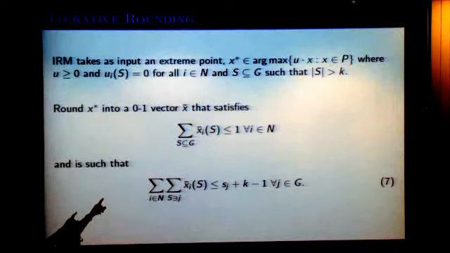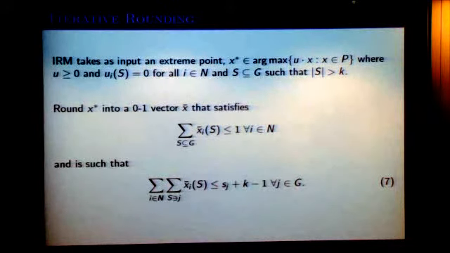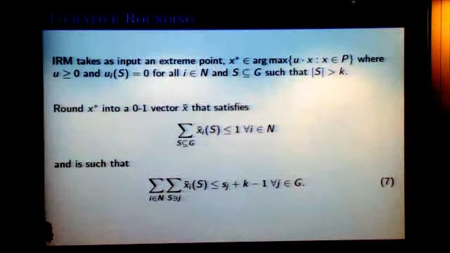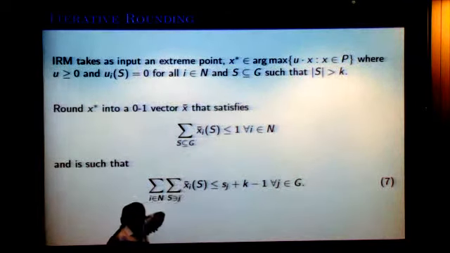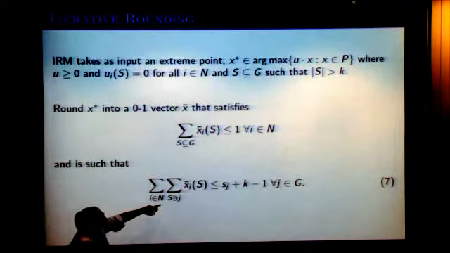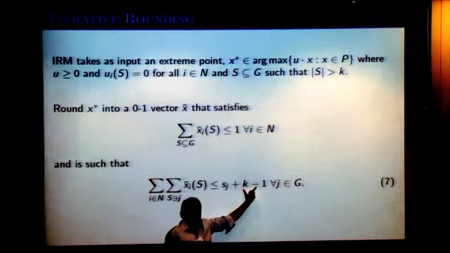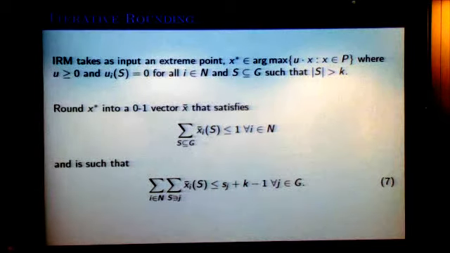So utilities of bundles of size larger than K, I'm going to give value 0. And then you're going to take that extreme point and round it into a 0-1 solution that satisfies this constraint: no agent gets more than 1 bundle. And you're going to violate the supply constraint, but by this much. Okay? That's the iterative rounding method.